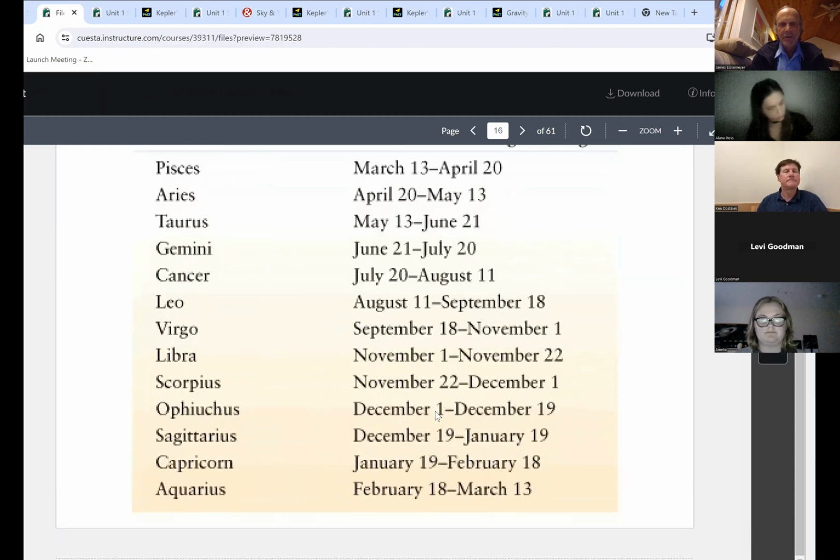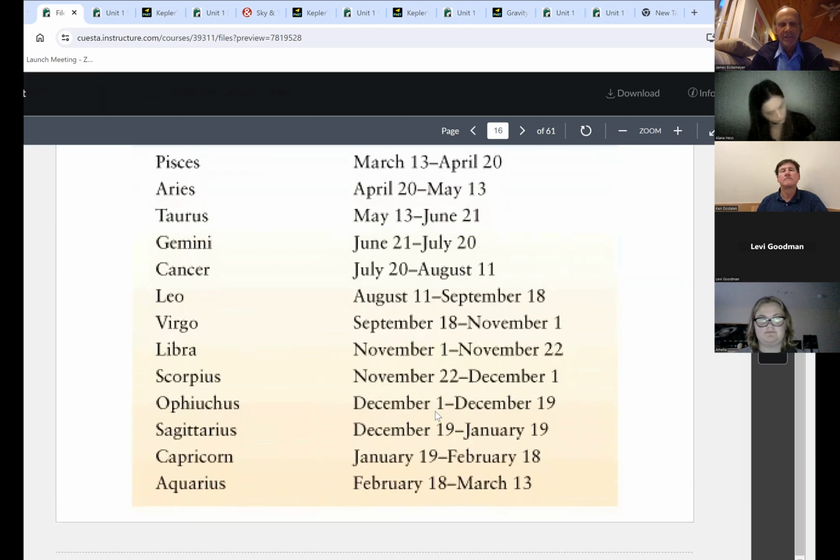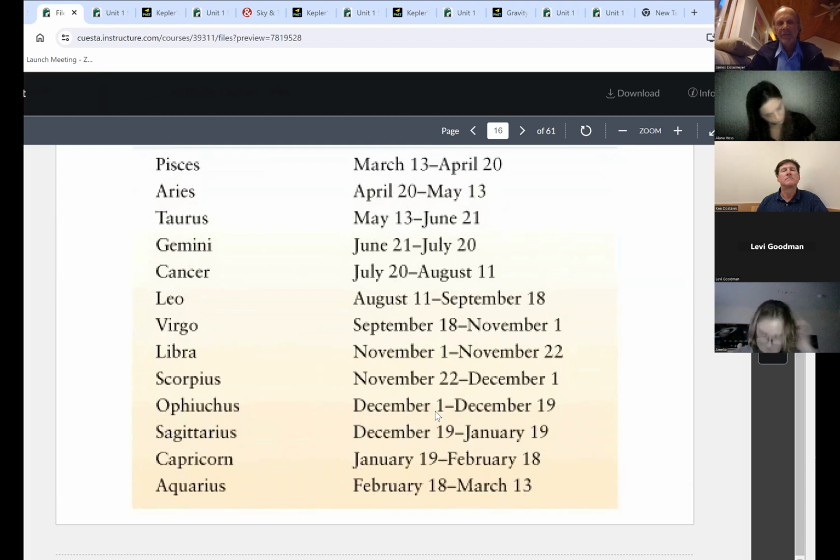This is at the moment of your birth. This is where the sun was located with respect to the background constellations. And so although astrology gave the impetus, as we learned last time, for the data that was gathered, there were so many kings that wanted important information about when a planet was going to be in retrograde motion, like Mars, that created the impetus to get information about the sky.